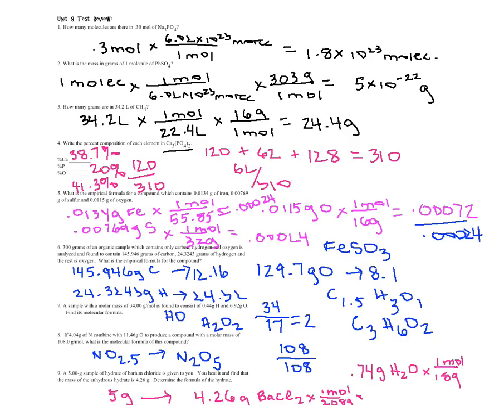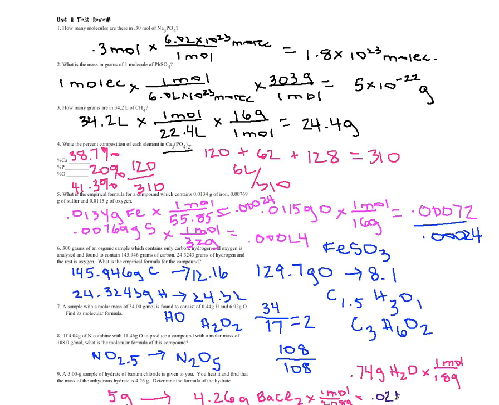So the way that I would write this formula, this is the only additional way that writing your formula of a hydrate changes. You would write 0.02 because that's your number of moles of BaCl2, so you put 0.02 BaCl2. This is basically the same problem as what we did before in class. Okay, and then I'm going to put a dot because that represents the water being bound to BaCl2.